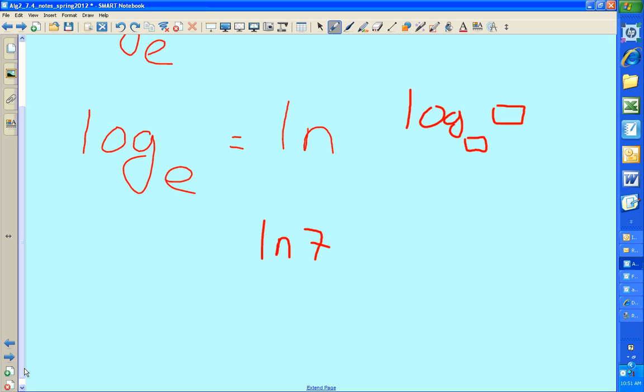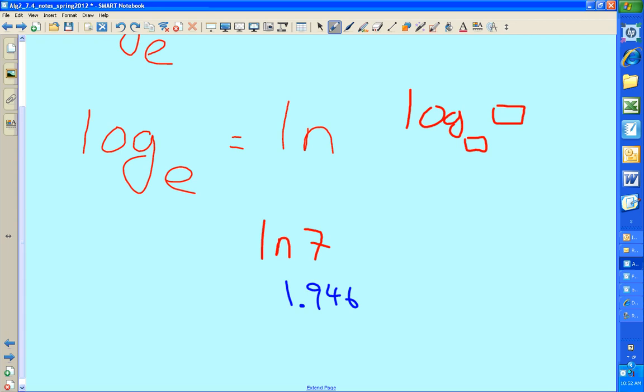So you should look for that button right now and see that the natural log of 7 should be 1.9459. Okay, it's less than 2, it's more than 1.